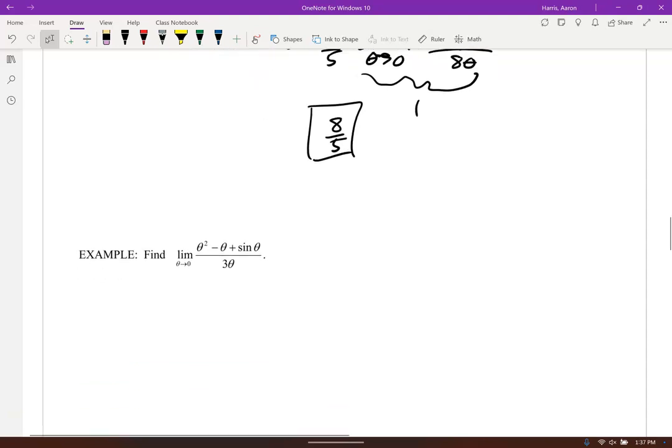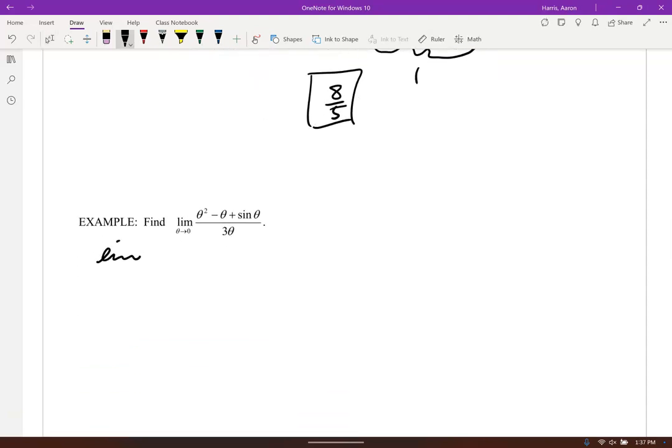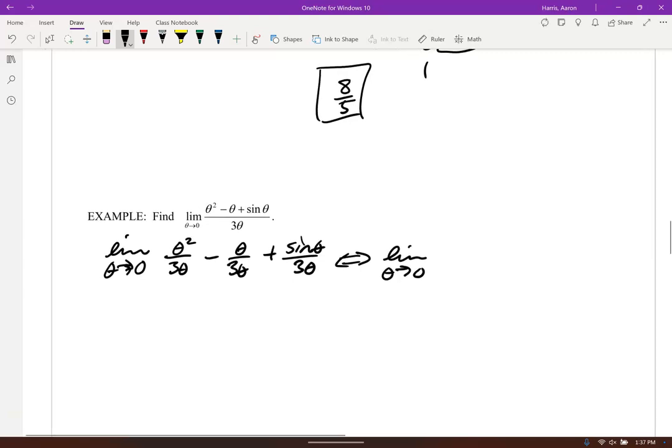Let's move on to this one. I would break this one up: theta squared over 3 theta minus theta over 3 theta plus sine theta over 3 theta. And so this becomes theta over 3 minus 1/3, right? Those cancel, plus sine theta over 3 theta.